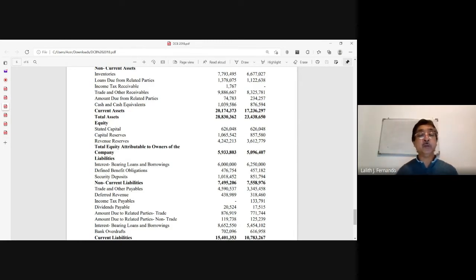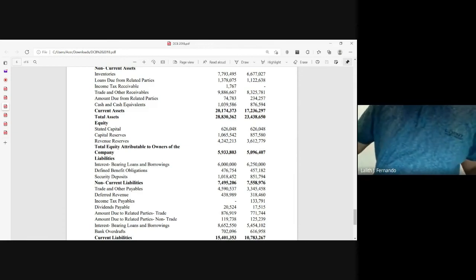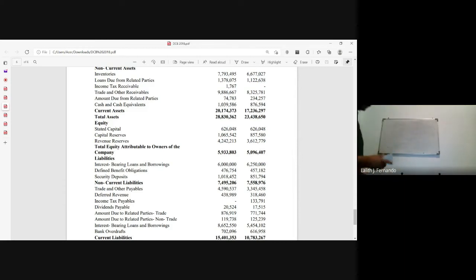Now, what you can do is you need to have a tabulated format where it is easy for you to do the analysis. Now we can say ratio analysis. Liquidity.